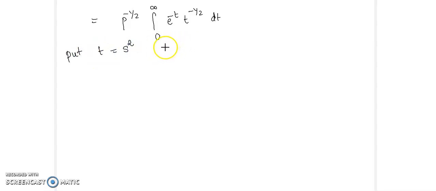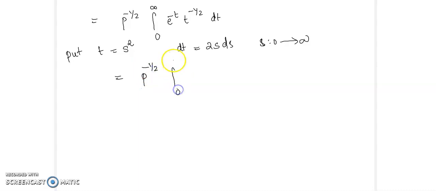Then dt equals 2s ds, and again s will vary from 0 to infinity.